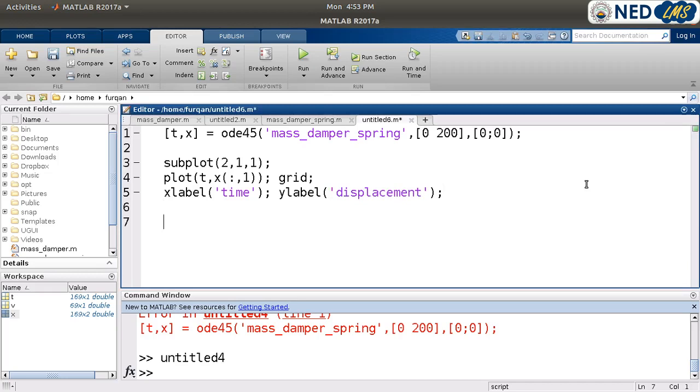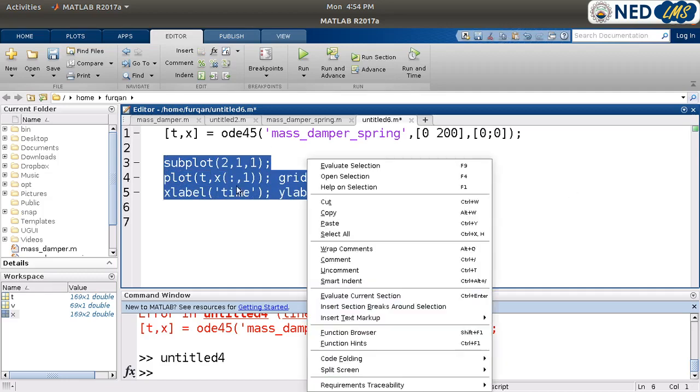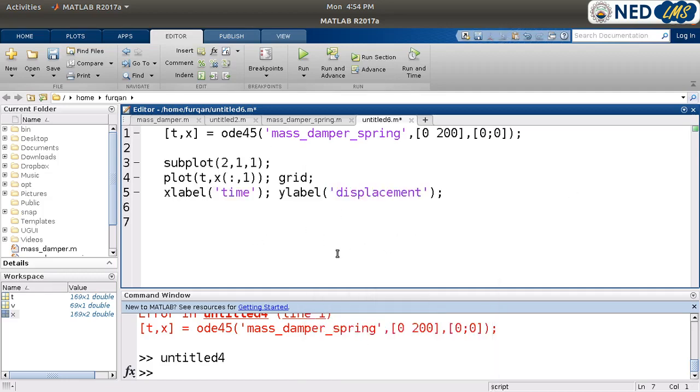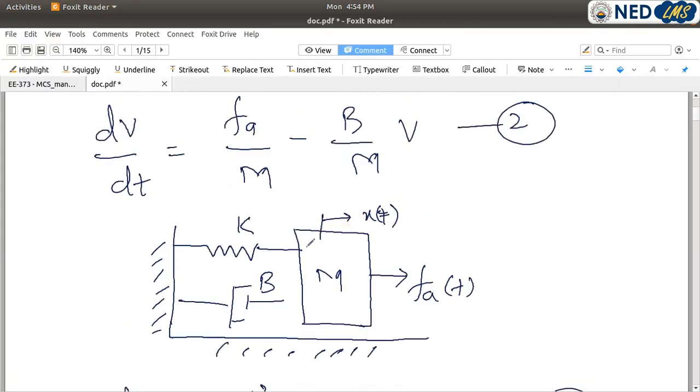Now subplot, I'm copying this whole piece of code, paste. Now subplot for x2.